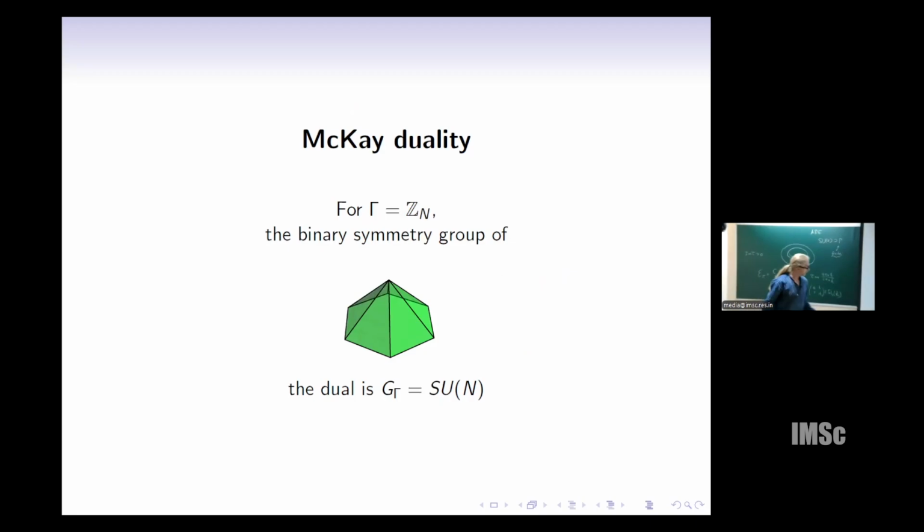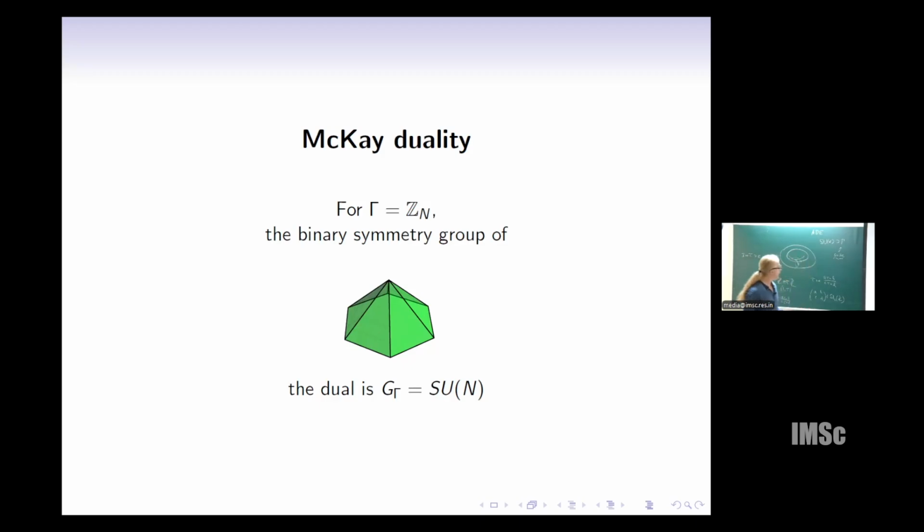So here is the example. These subgroups of SU(2) come in three types. There are two infinite series and three exceptional examples. And the same is true about the simple Lie groups. There are two infinite series, A and D type, and then there are three exceptions.